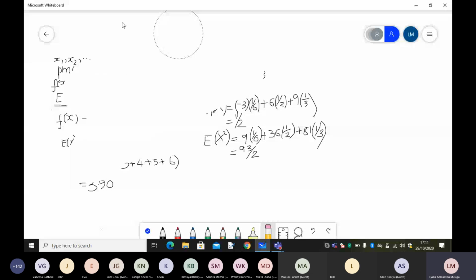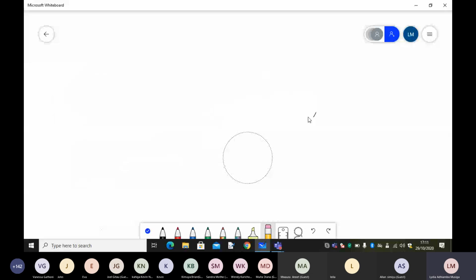Suppose we look for expectation with some symbolic representations, like in the example that we are looking at now. The next example, a discrete random variable.